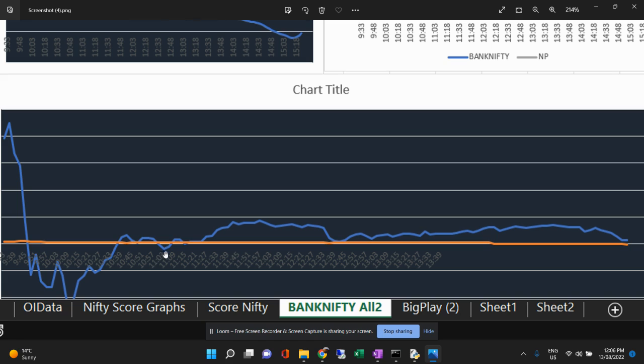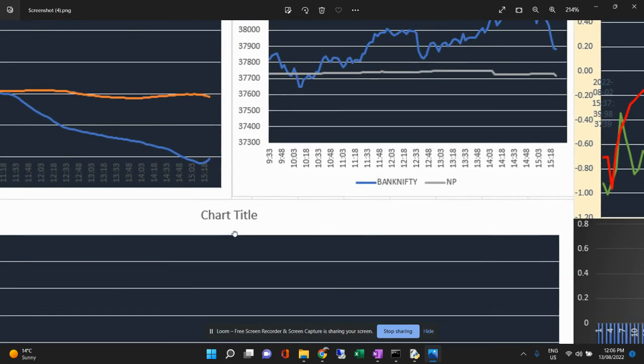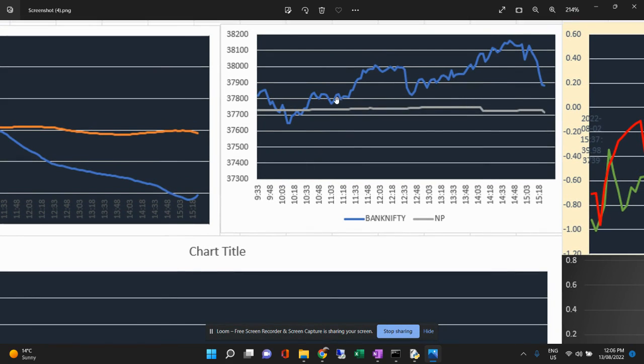So we'll wait until the Bank Nifty rate of change gets higher, which it did at around 11:09. At that time, Bank Nifty was at approximately 37,800, and it rose to 38,200, which is approximately 400 points that day as well.